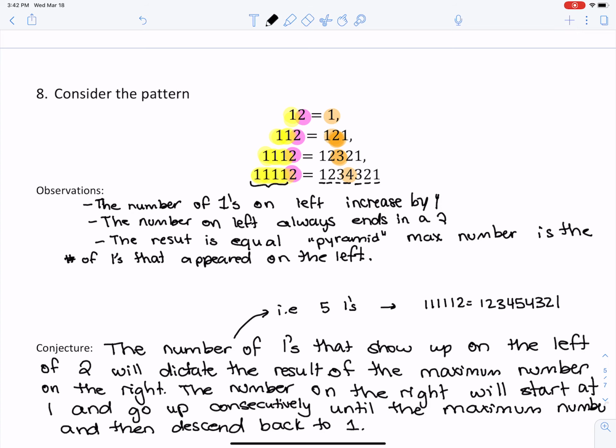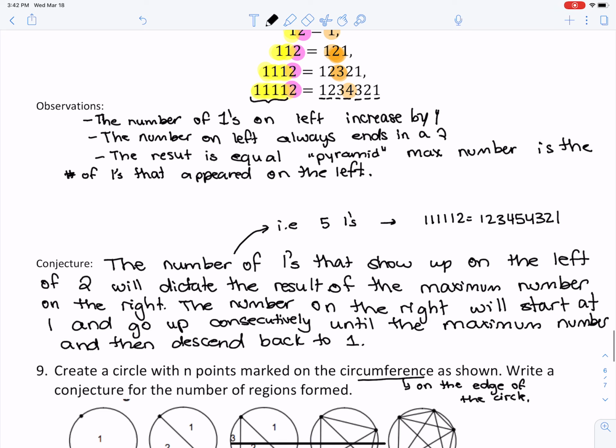Now in this specific example, sometimes writing a conjecture is a little bit hard, like in words, but maybe you can use examples to illustrate what you're trying to say. So in this example, I said the number of 1s that show up on the left of 2, so that's these numbers I've kind of highlighted here, will dictate the result of the maximum number on the right, which I'm referring to that number there. The number on the right will start at 1, go up consecutively, like in order, until the maximum number, and then descend back down to 1.